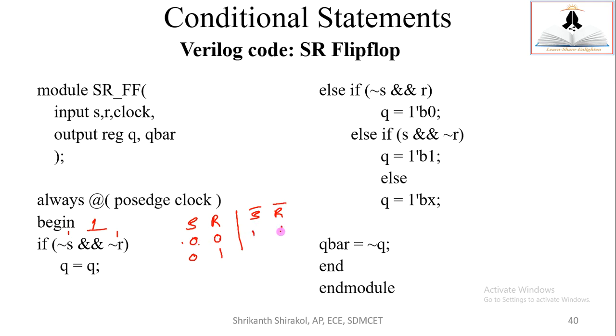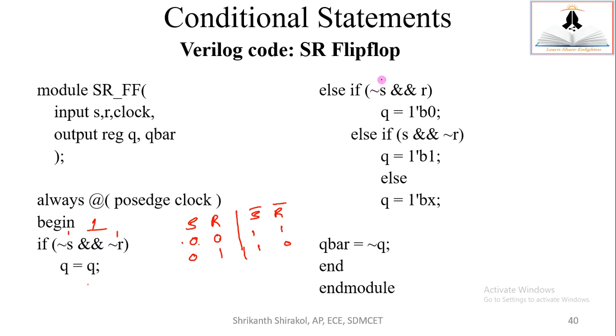When S is 0, S bar is 1. When R is 0, R bar is 1. When it is ANDed, it is 1. If this is 1, this is going to execute, definitely. So when this is executed, Q is maintaining previous state.